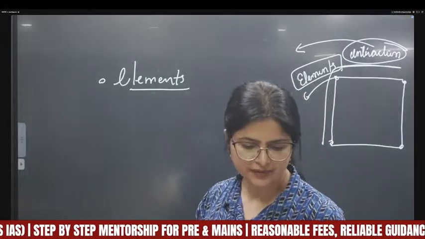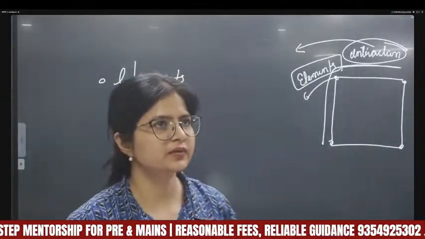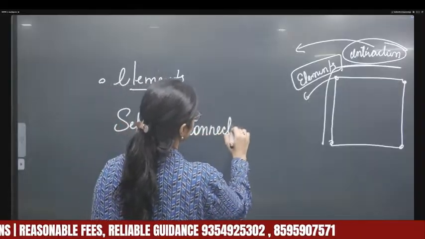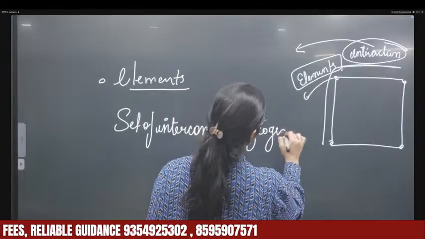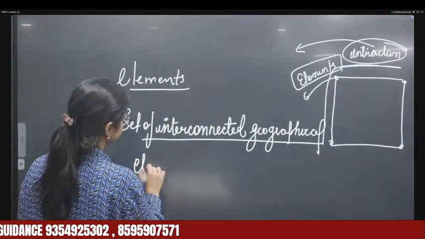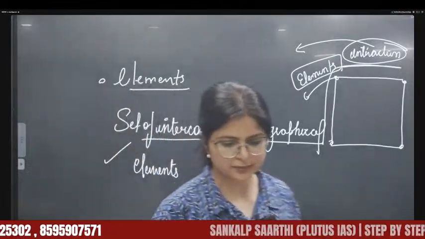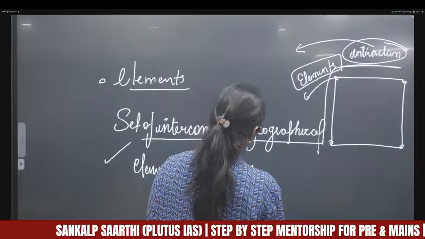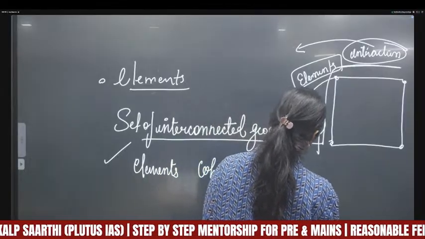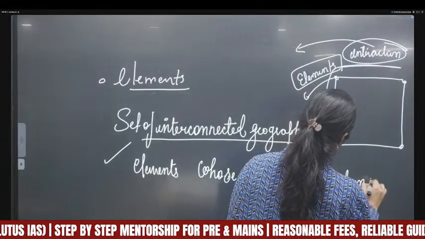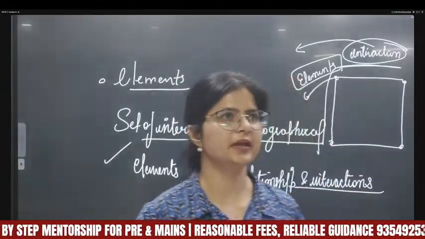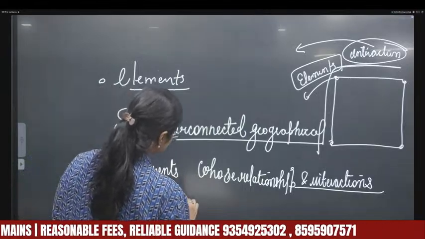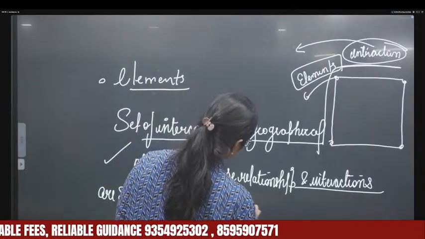A spatial system can also be defined as a set of interconnected geographical elements whose relationship and interactions are structured through space and location.